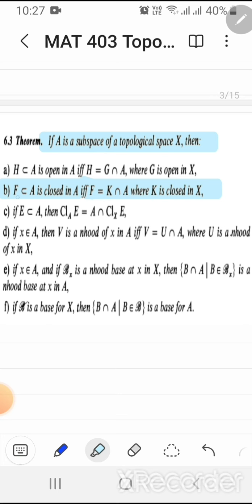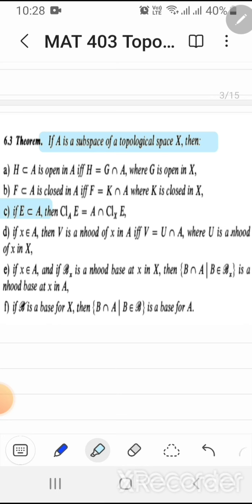What is the result? F subset of A is closed if and only if we can write F as K intersection A, where K is closed in X. The next result is for closure.